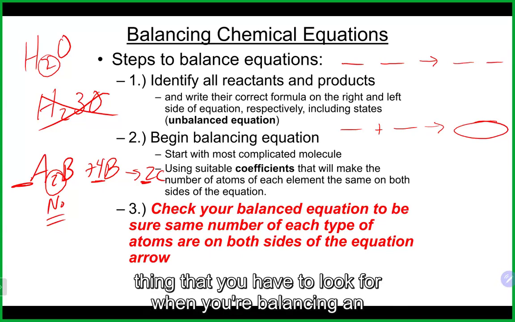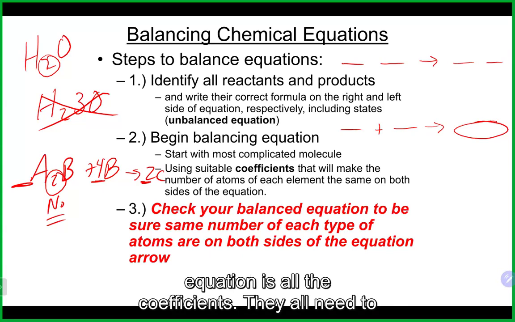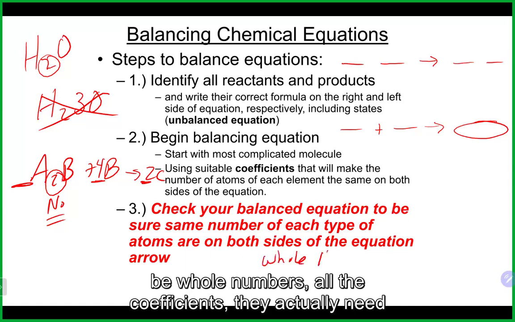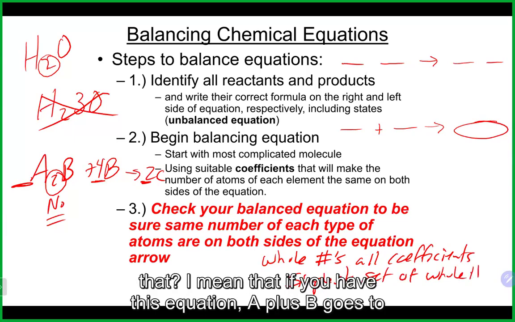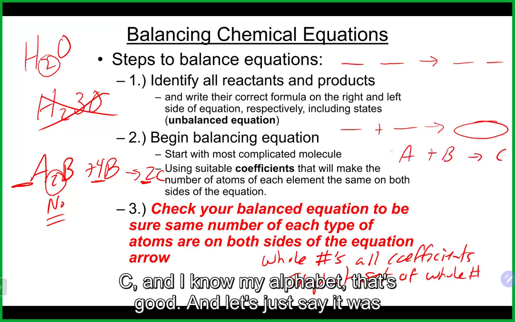The one main thing that you have to look for when you're balancing an equation is all of the coefficients. They all need to be whole numbers. They actually need to be the simplest set of whole numbers. So what do I mean by that? If you have this equation, A plus B goes to C, I know my alphabet, that's good.